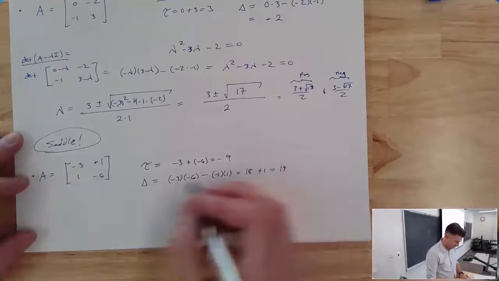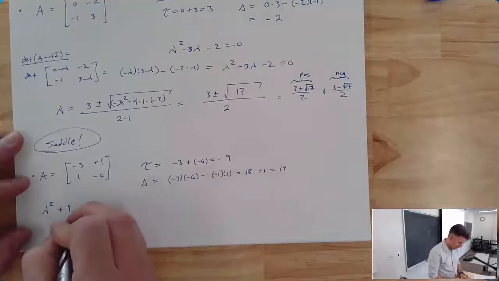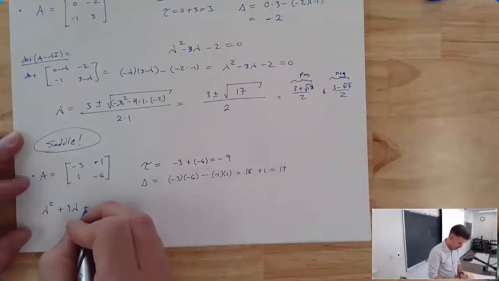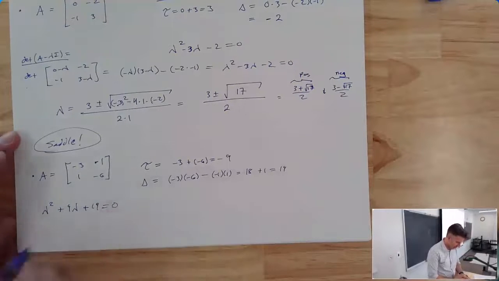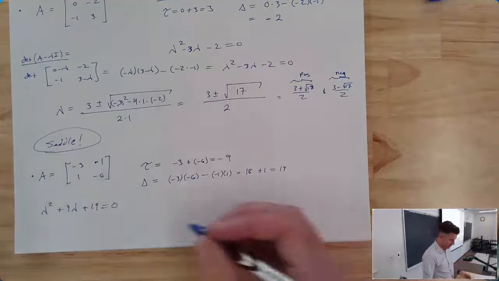So again, I have this equation, lambda squared plus 9 lambda plus 19 equal to 0. And once again, this doesn't factor. There's only one way to multiply the 19, well, there's two ways to multiply the 19, but they don't work. So we have to use the quadratic formula.